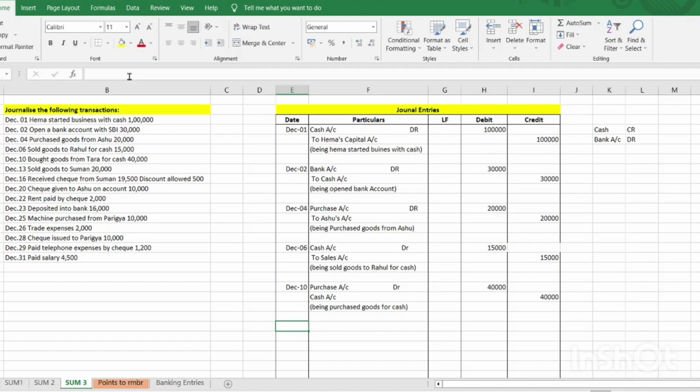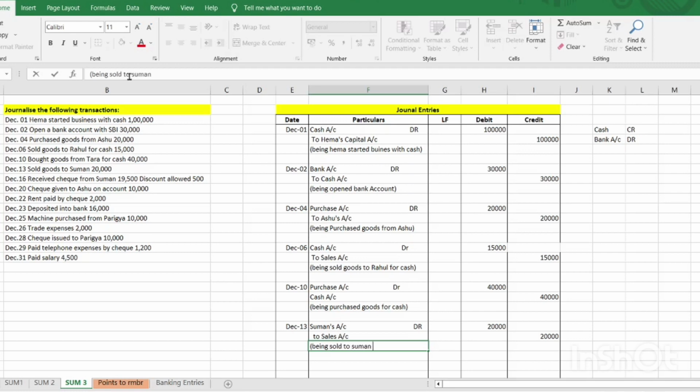So here the entry of December 13, Suman's account debit to sales account for rupees 20,000, being sold to Suman on credit.